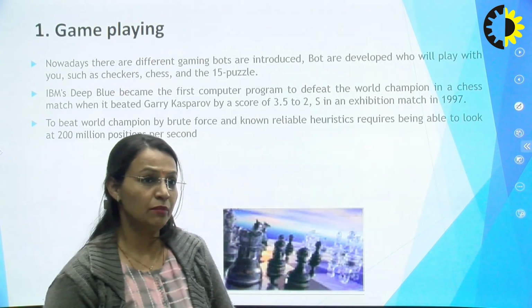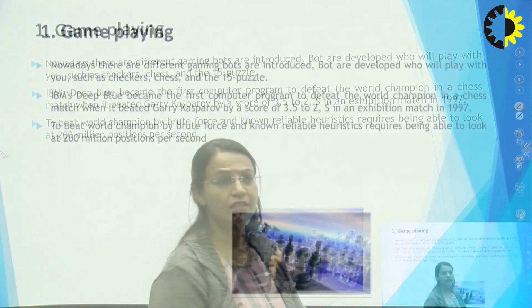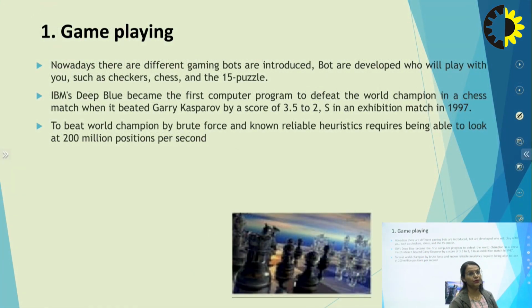So first is game playing. Game playing is none other than gaming bots that are developed to play with you, such as in checkers, chess, or the eight puzzle or 15 puzzle problem. The first computer program introduced was IBM Deep Blue, which defeated the world champion in a chess match with a score of 3.5 to 2.